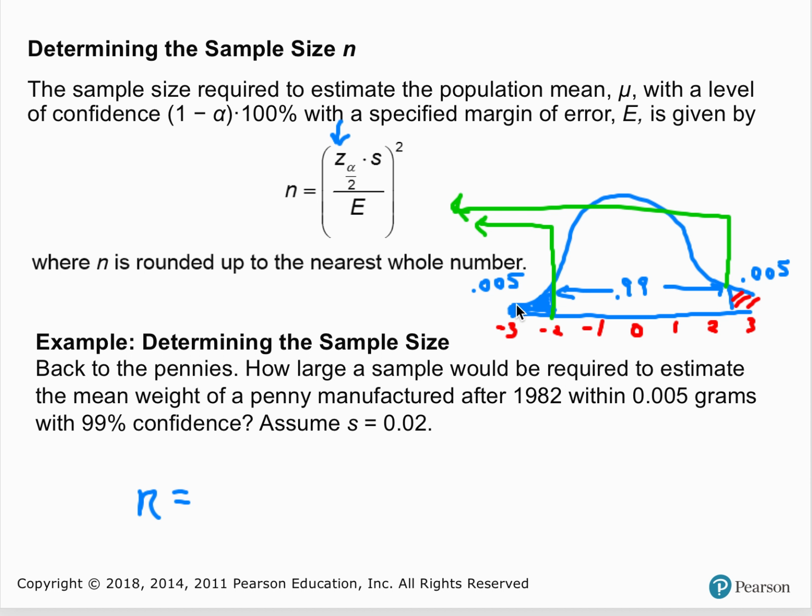All right, so I'm looking on my normal distribution table now, and I'm looking in the body for 0.005.